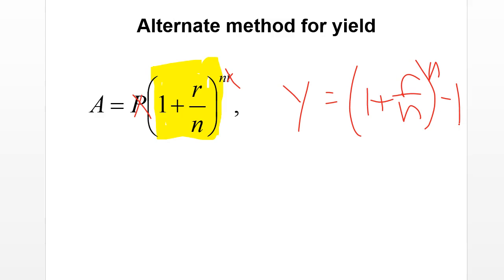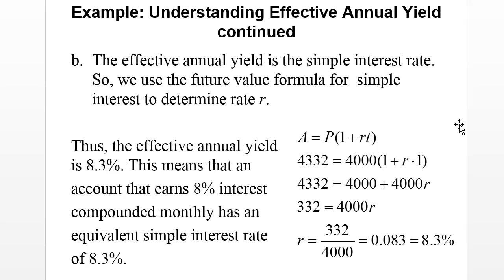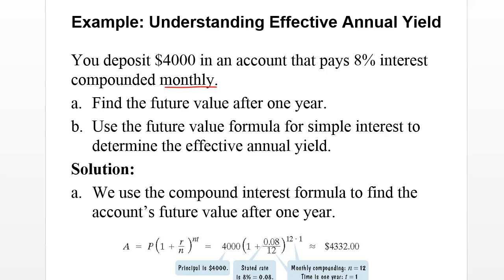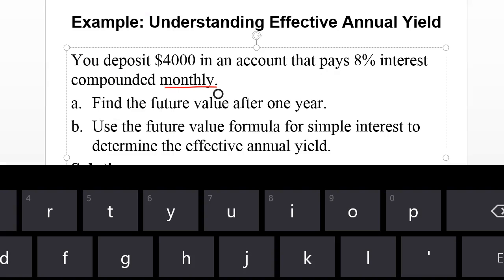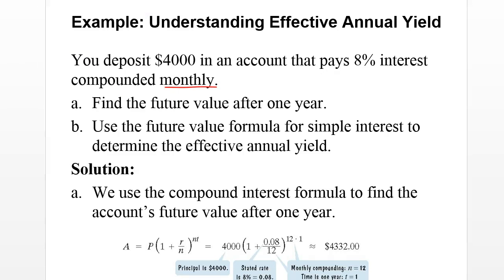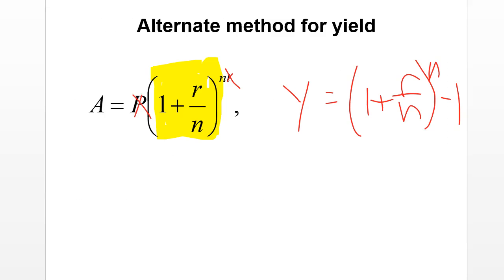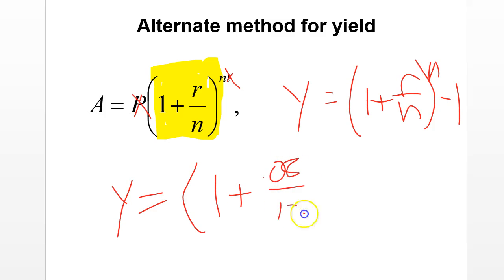Okay, so on this problem, we were told that the interest was 8%, and it was compounded monthly. So that means in this formula we get 1 plus 8% compounded monthly raised to the 12, minus 1.